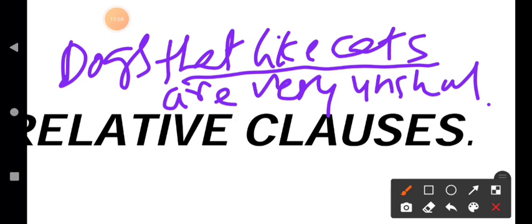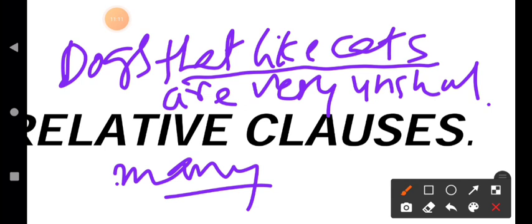In the sentence we understand that there are many dogs in the entire world, but we are talking about only those dogs that like cats. The defining relative clause gives us that information.